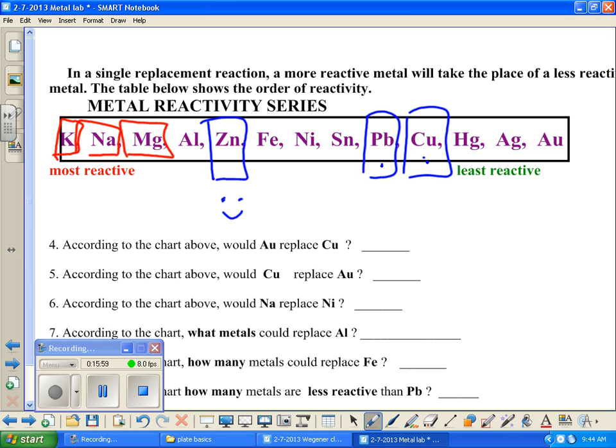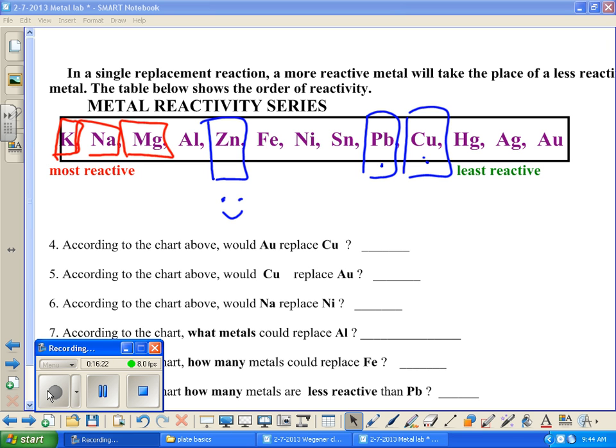Because they're so close, you might have had a slight difference of opinion. Now, here's the deal. In order to displace, you have to be more reactive than what you're trying to replace. Are you with me?